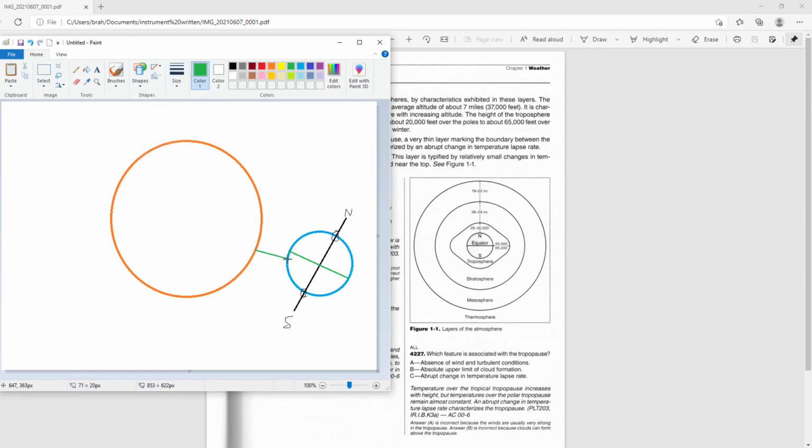So the closest points are going to be right there, and then it just kind of gets a little bit bigger. That's the equator it's touching, and you can see that these lines around the equator are much shorter than the lines that hit the poles.